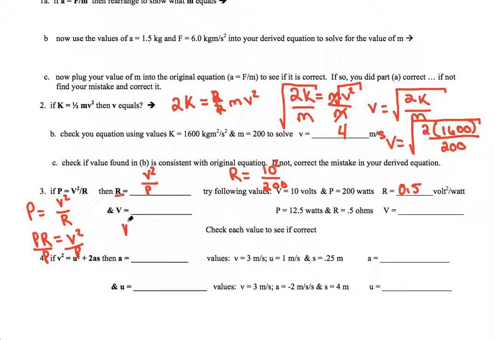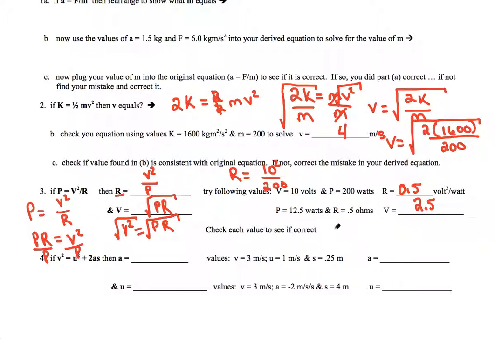So v squared equals pr, so same thing that we had down here. But then to undo the squared, I square root. So v equals the square root of p times r. And if I plug in 12.5 for p and r a half, I get a v of 2.5.